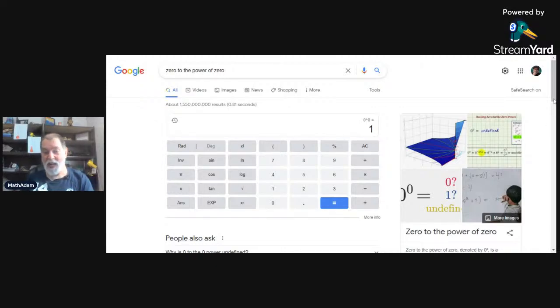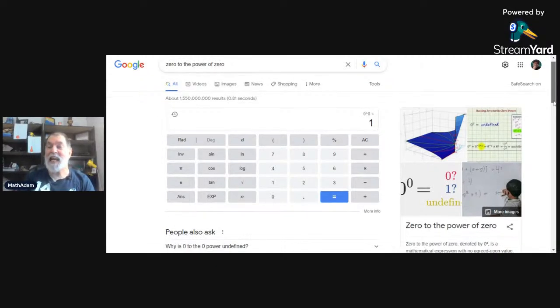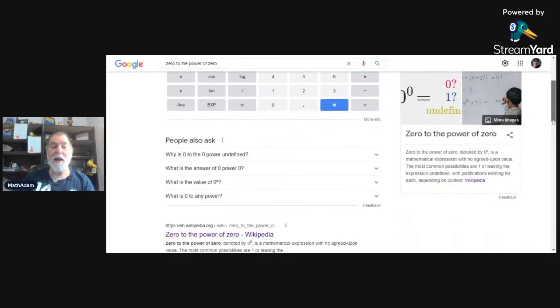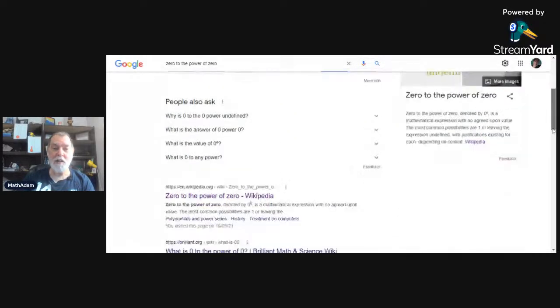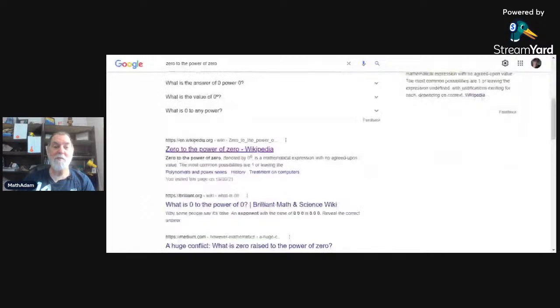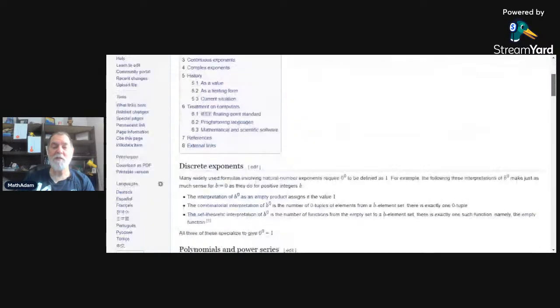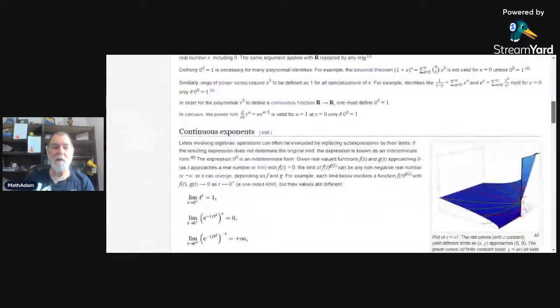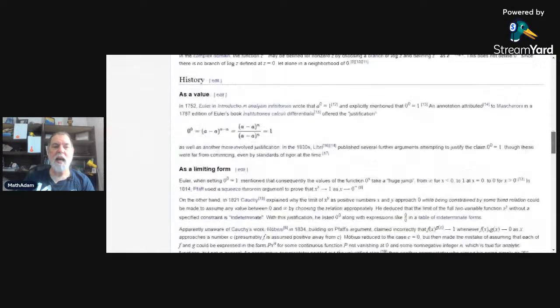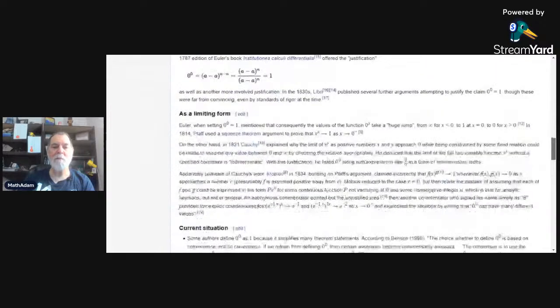So what's going on? There is an amazing amount of discussion on 0 to the power of 0, and you can read about it in Wikipedia. Here's the part that I want to show you. There's all sorts of discussions about this: complex exponents, as a value, as a limiting form.